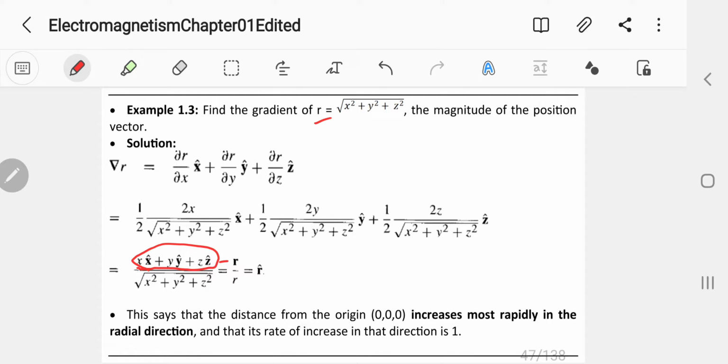This thing says that the distance from the origin, 0, increases most rapidly in the radial direction.